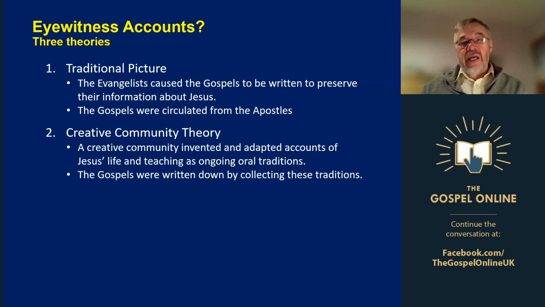And these became oral ongoing traditions, and there's a certain amount of change going on. But after many years, the Gospels are written down. These traditions were collected by various writers, and we have the Gospels written down.